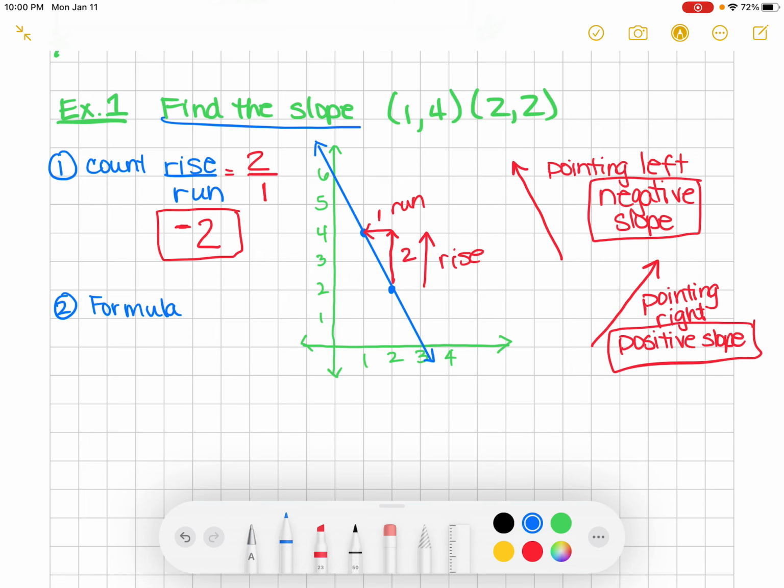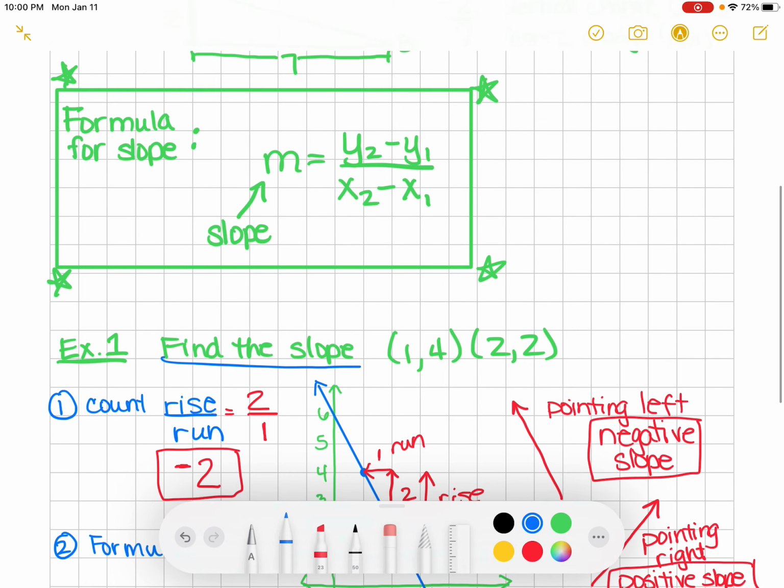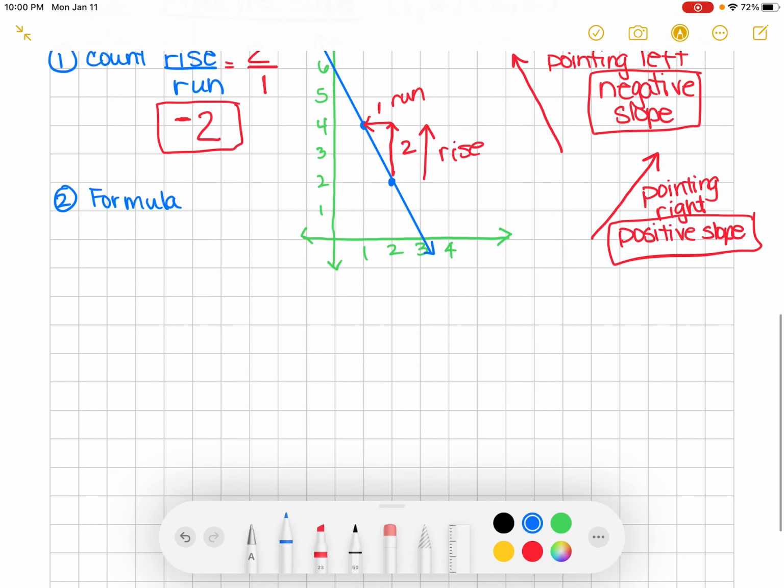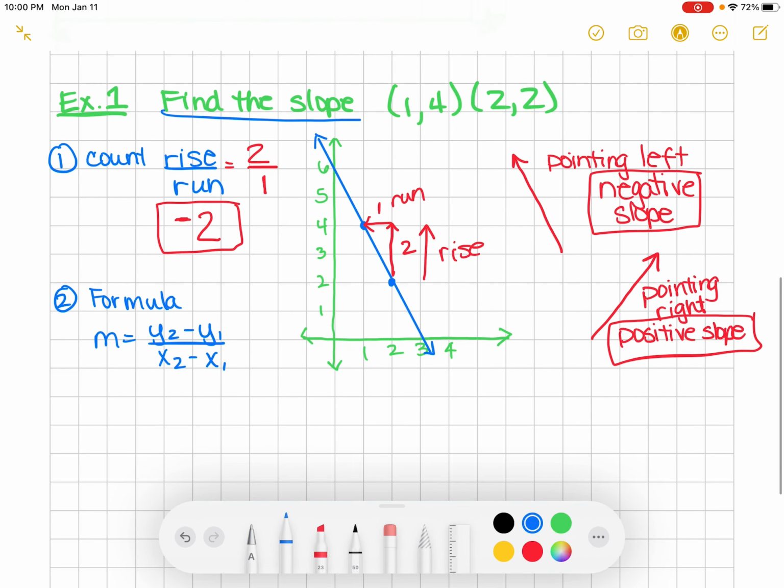So we wrote down the formula up here, and now we're going to do it down here. So I'm going to rewrite it. It's m equals y2 minus y1 over x2 minus x1. So now let's take these numbers right here, these points.